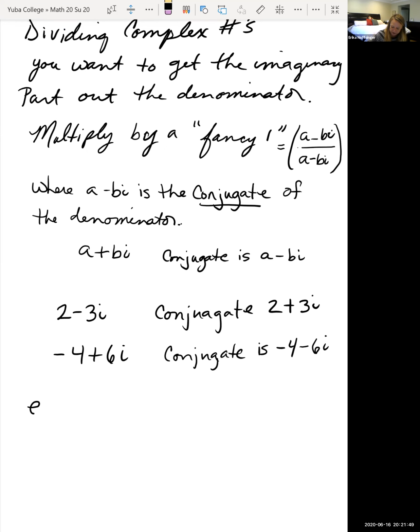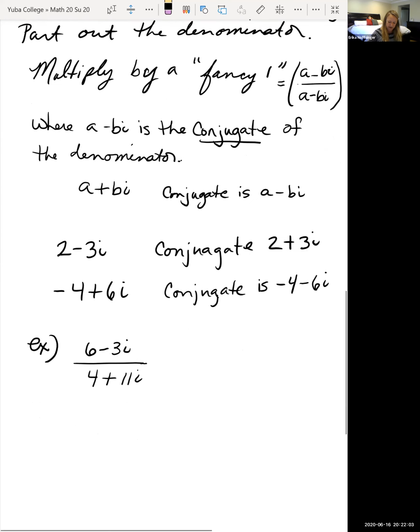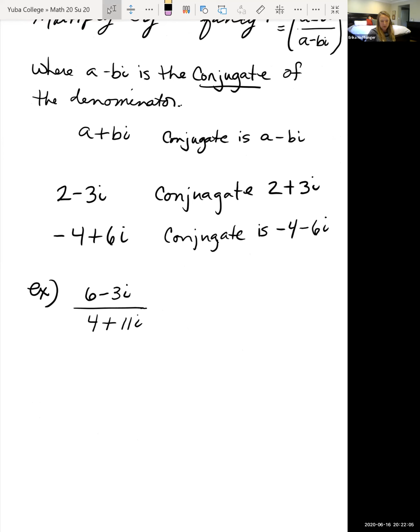And so if you had, for instance, 6 minus 3i all over 4 plus 11i, they might ask you, perform the following operations on this expression and write your answer in a plus bi form.